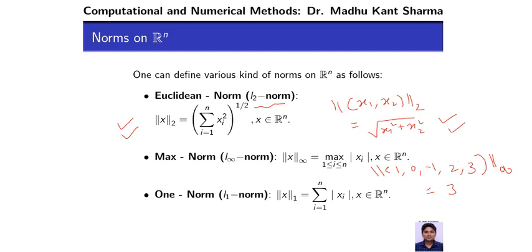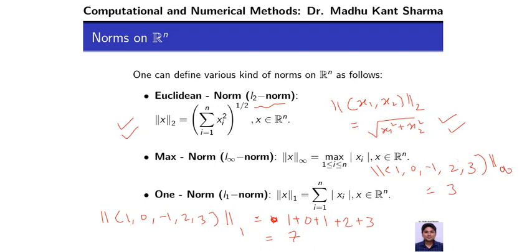For the same vector, if I wish to calculate the one norm, it is the summation of the magnitudes of each entry: 1 plus 0 plus 1 plus 2 plus 3 plus 3, which is equal to 10. They usually give different numbers if you apply different norms, but we have seen that they are equivalent to each other.